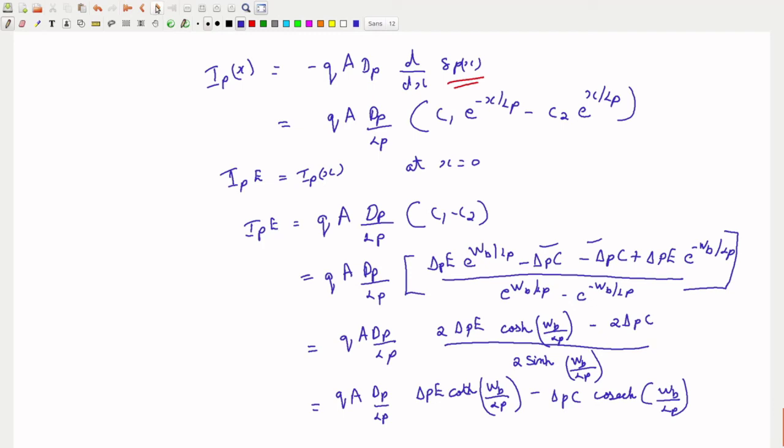Similarly, we know at x is equal to Wb, the other end of the base, it is IPC, the collector current, or IPC will be equal to IPX at x equal to Wb. Remember the diagram. At x is equal to 0, IPE is equal to IPX. That is what we used in the previous equation.